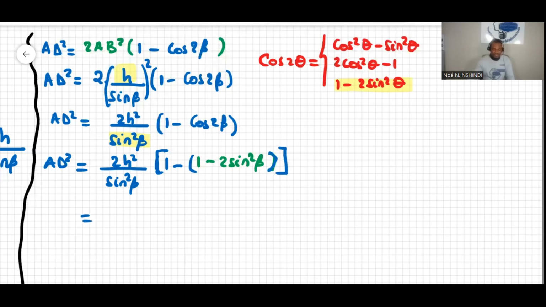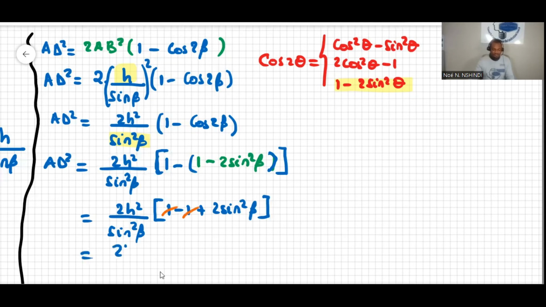So this will be 2h squared over sine squared beta, then we have 1 minus 1 plus 2 sine squared beta. Then 1 minus 1 is 0, and we will be left with 2h squared over sine squared beta times 2 sine squared beta.